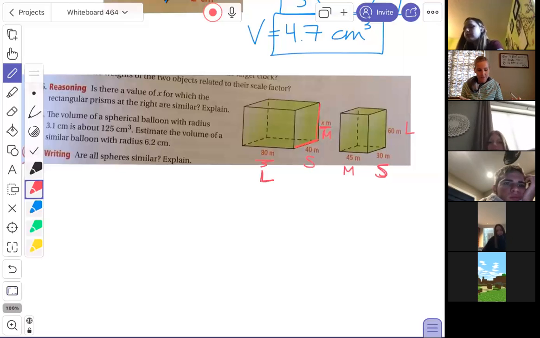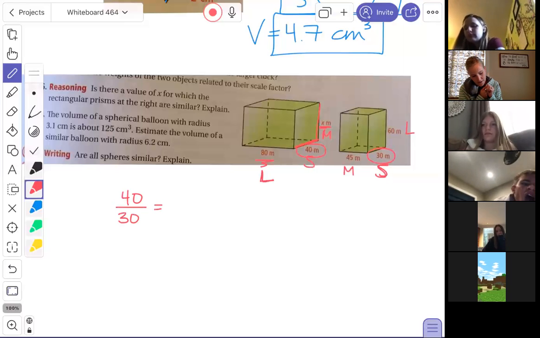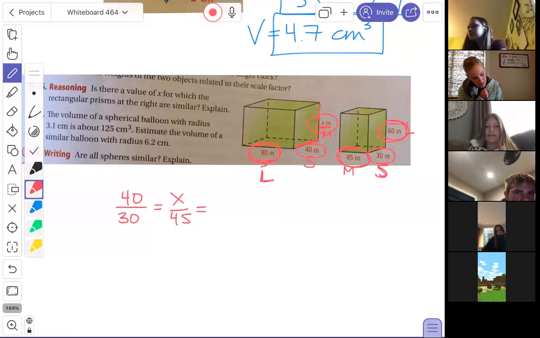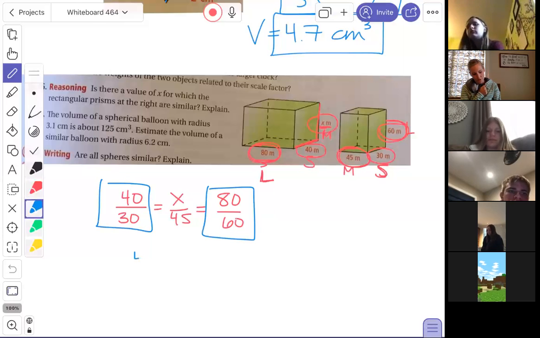In order for this to be proportional, my small to my small, so 40 to 30, would have to equal my medium to my medium, so X to 45, and my large to my large, so 80 to 60. You can see 40 to 30 and 80 to 60 both reduce to 4 to 3.